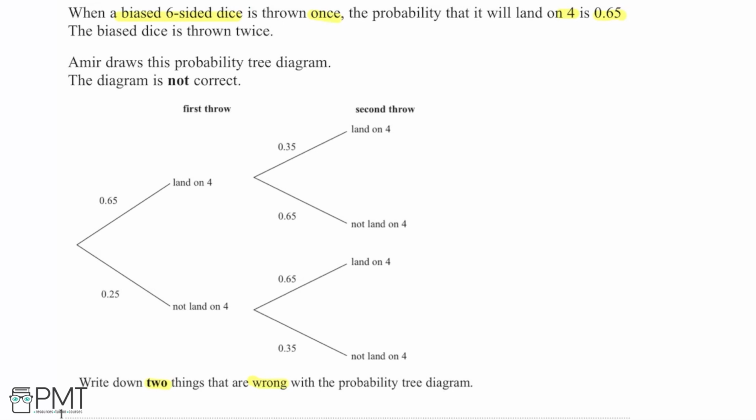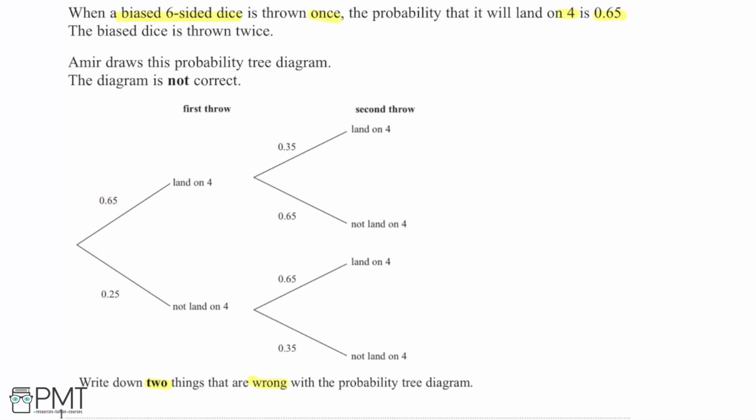So in each branch, on each throw, the probability of it landing on a 4 and not landing on a 4 need to sum to 1, as these are the only two outcomes that can happen.